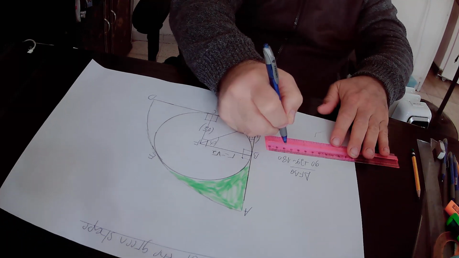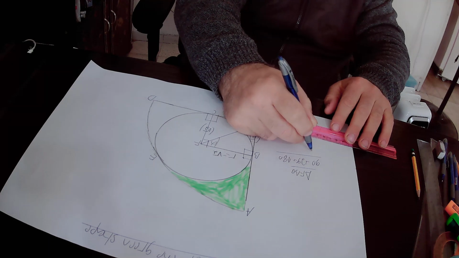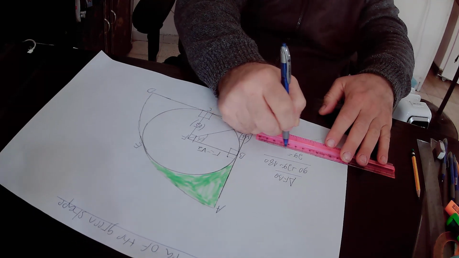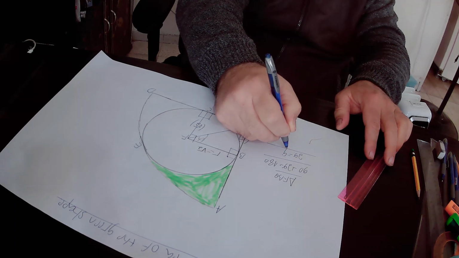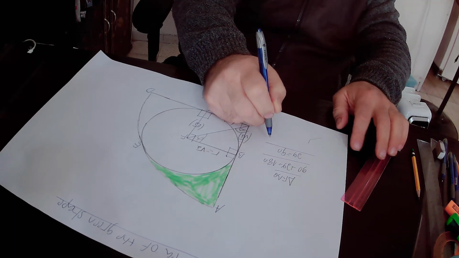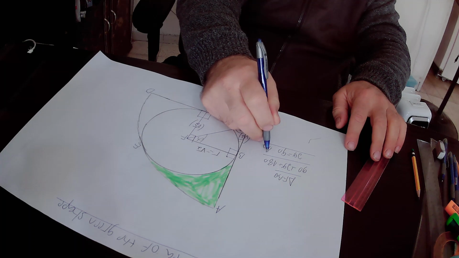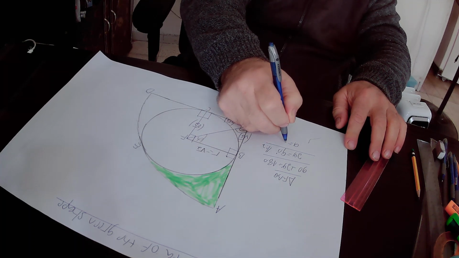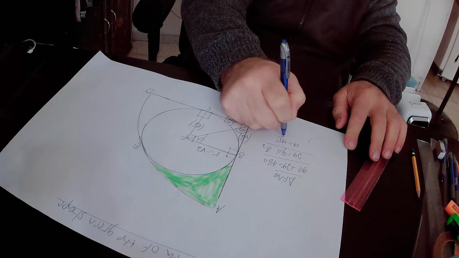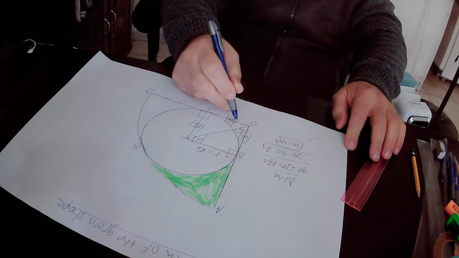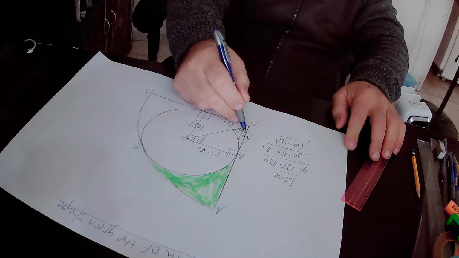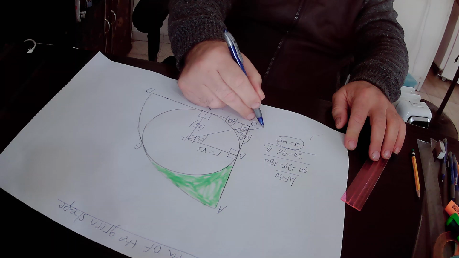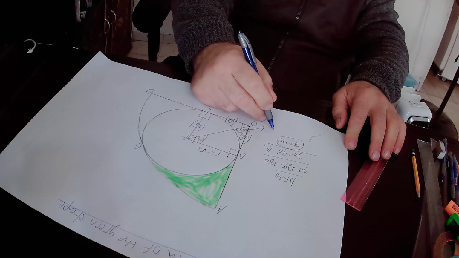Here we subtract 90 degrees from this equation, and we get that 2 alpha equals 180 degrees minus 90 degrees, which is 90 degrees. Here we divide this equation by 2, and finally we get that the missing angle alpha equals 90 degrees over 2, that is 45 degrees. So actually this angle alpha is equal to 45 degrees in size.